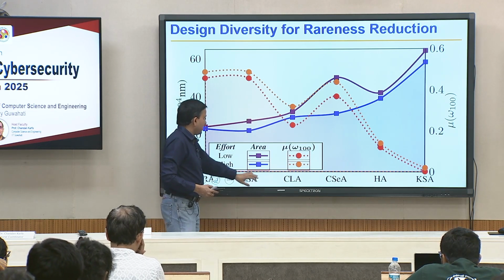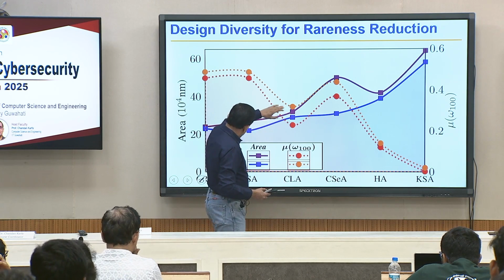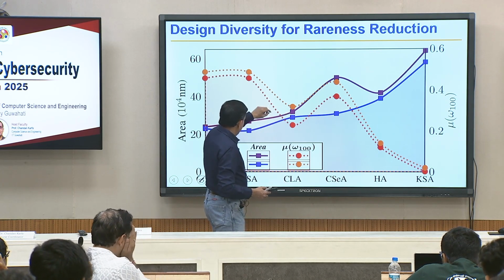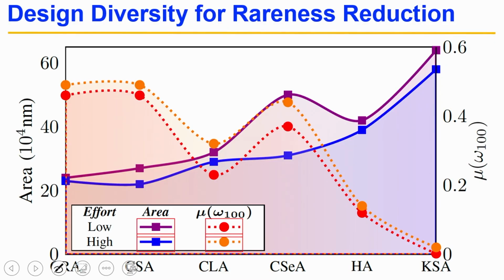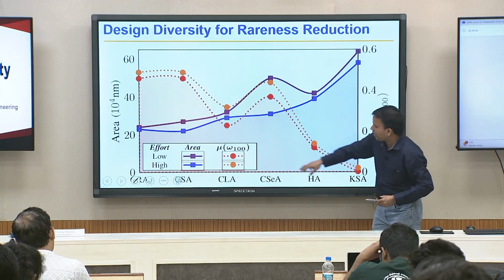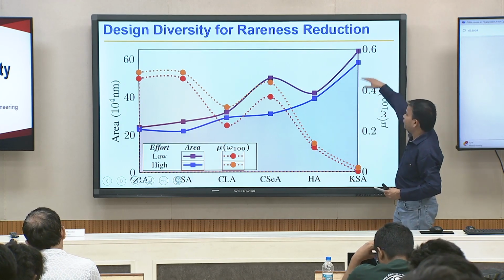If you are looking at a carry look ahead adder, the high area version would still have better detection accuracy, and this side is basically the average rareness of the most rare 100 signals, whatever that number is. So, the rareness story aligns with this. This shows 2 stories: one is that area has that effect, as earlier, and second, the same adder, the same addition operation, depending on how you implement it, has a different portfolio in terms of rareness.